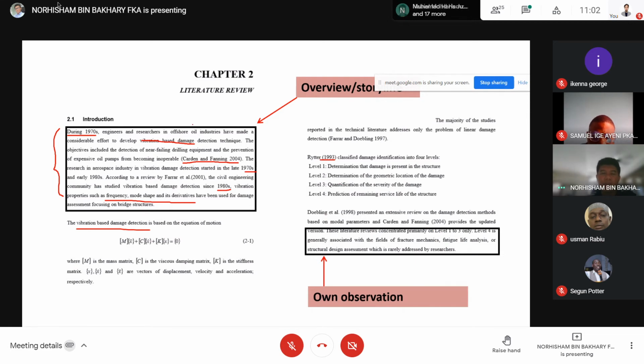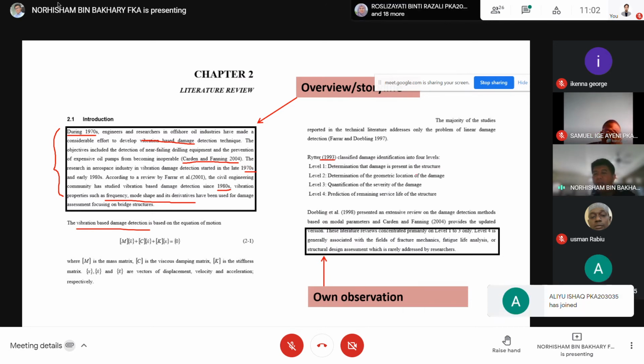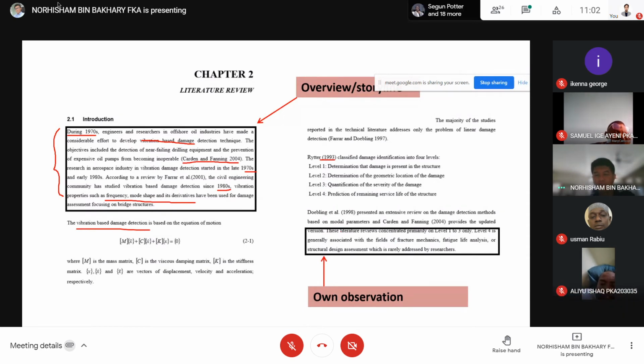You see, based on my observation, I can see that the previous literature reviews concentrated primarily on level 1 to level 3 only, where level 4 is generally, okay, let me express it back.